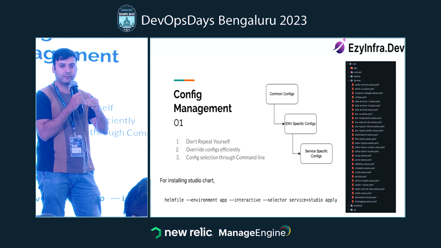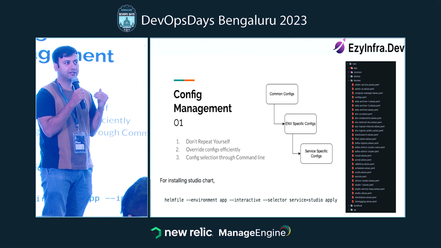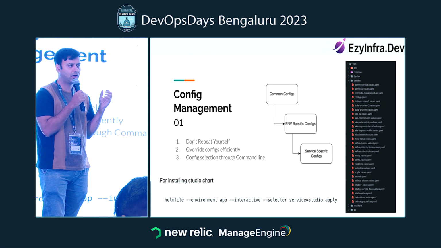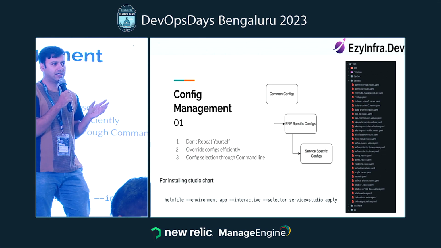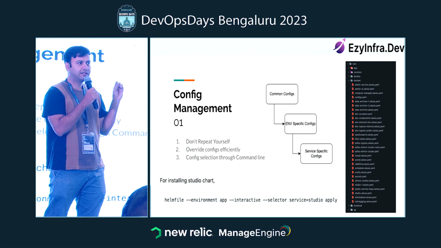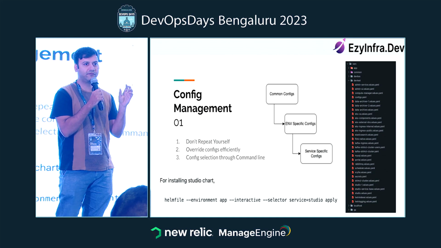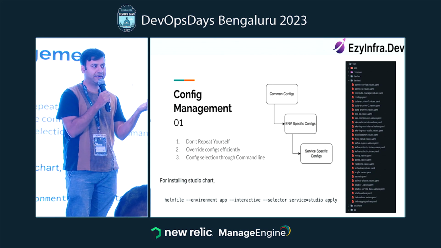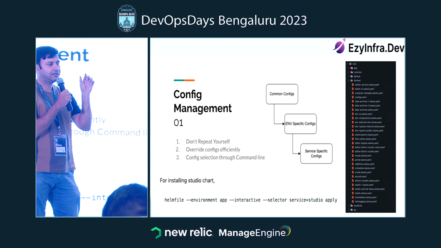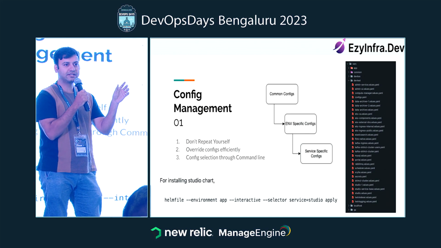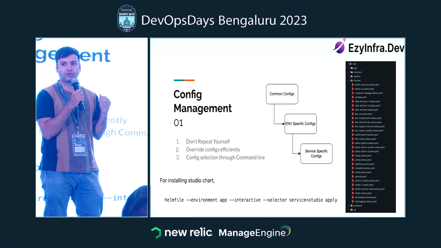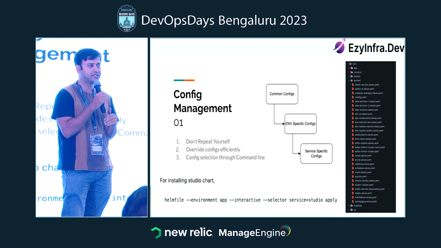Next comes the environment specific configs. For example, the database URL or RabbitMQ URL or AWS things. This is common per environment. For example, in a development environment, you'll have only 1 database at most, which means that database configuration is shared across all the services. So we don't want to repeat that in each individual service.